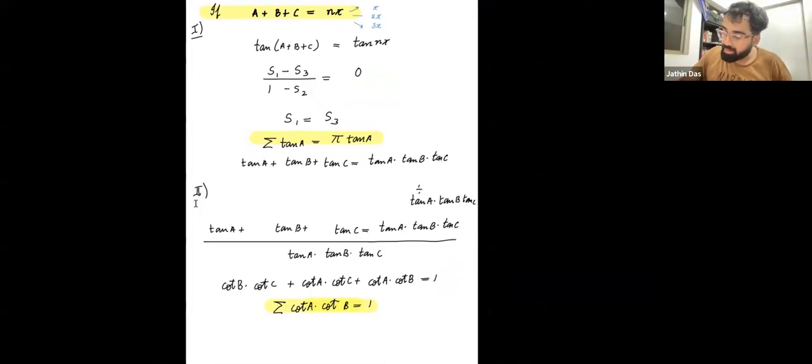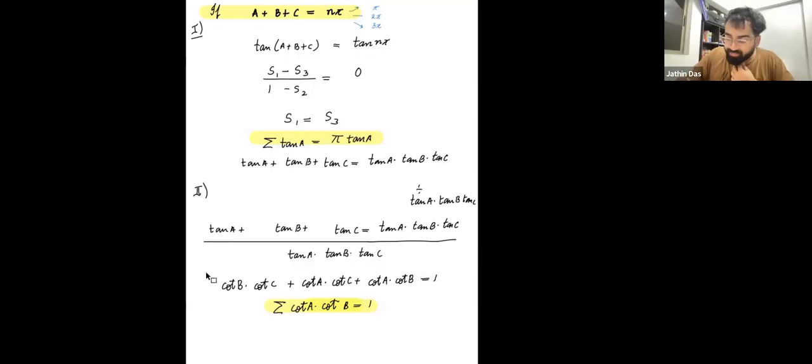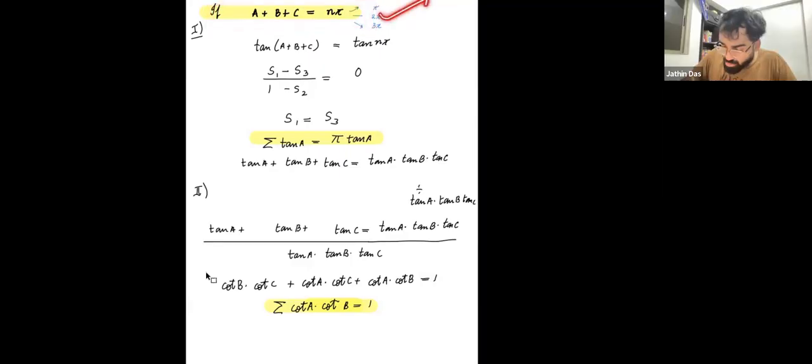So that won't mean it is an odd multiple of pi by 2, because I have started from here. If this is true, then this and this are also true.